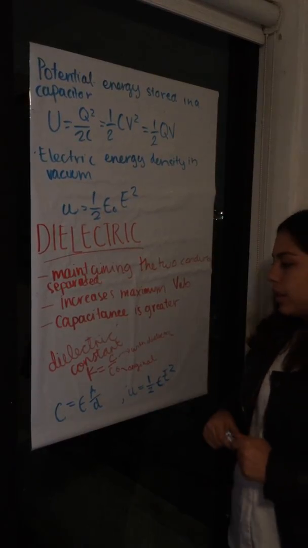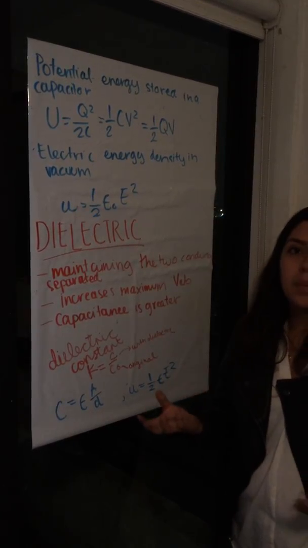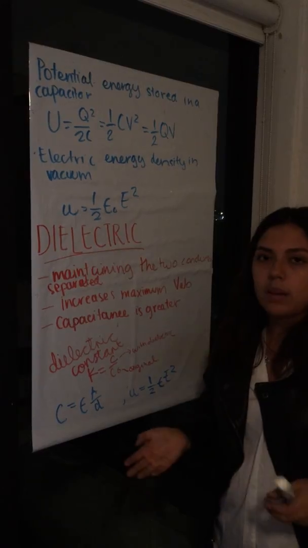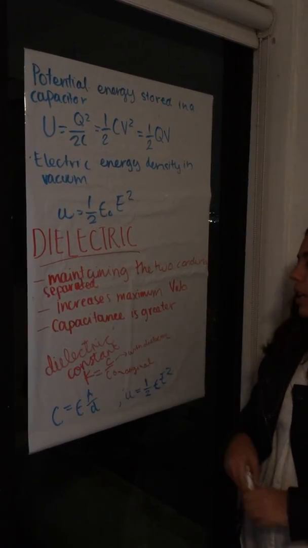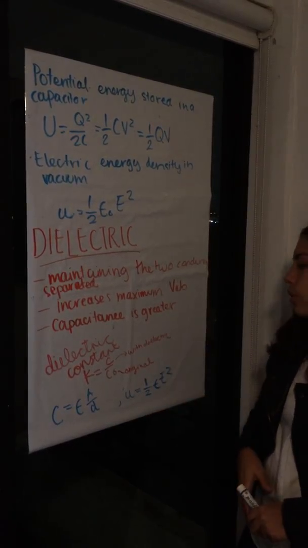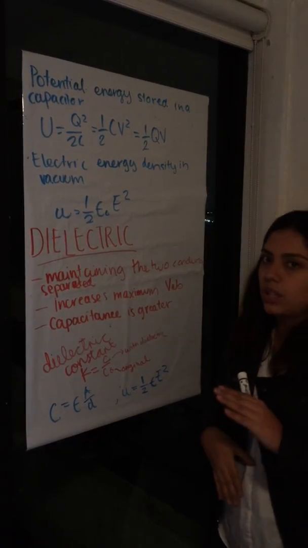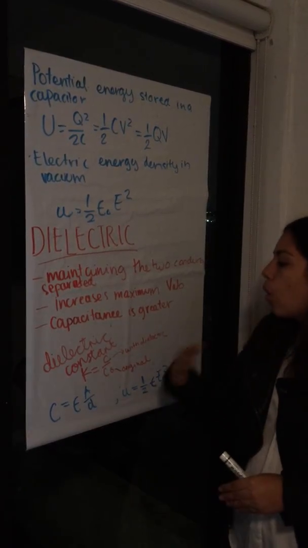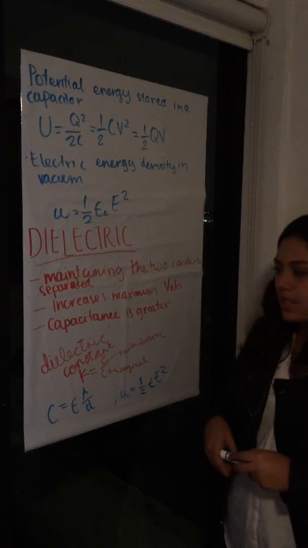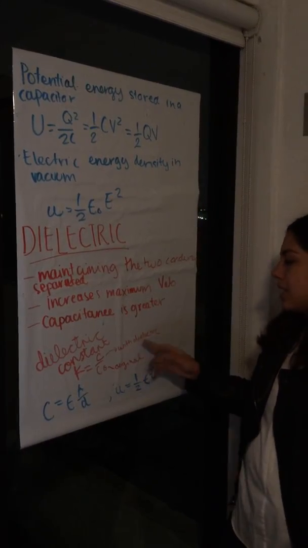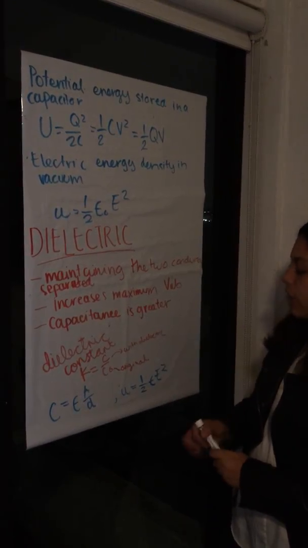Well, the dielectric constant is a term that is given already in many tables, but we can obtain it by dividing the capacitance with the dielectric over the original capacitance. But how do we obtain this capacitance with dielectric? Easy.